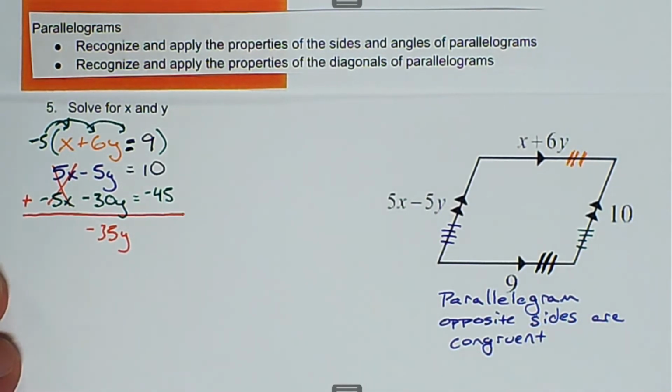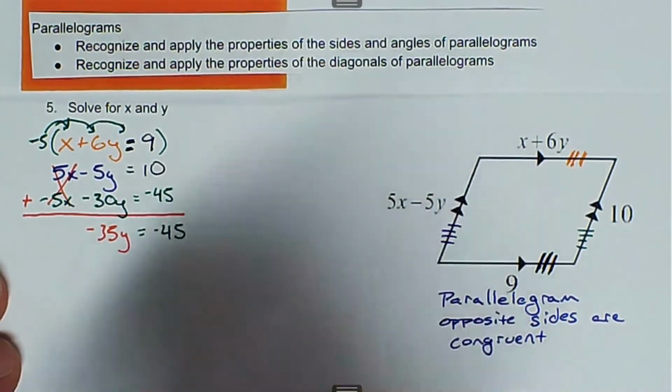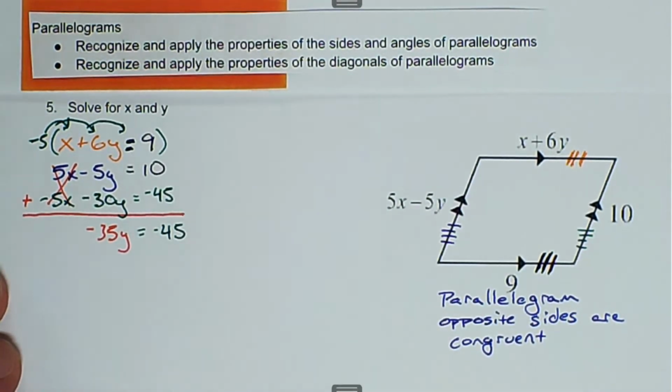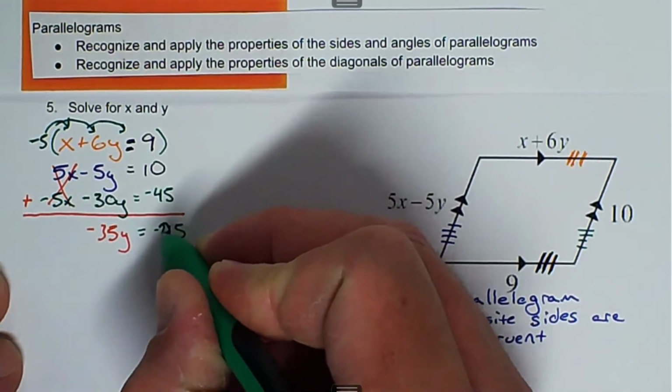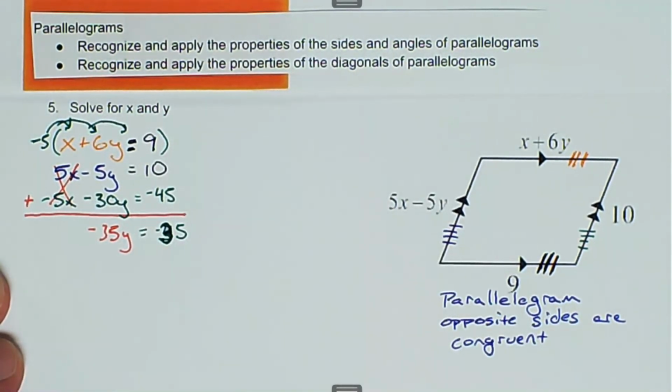And 10 minus negative 45 is negative 35.